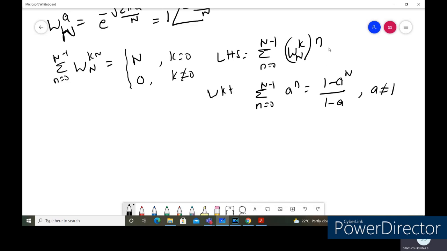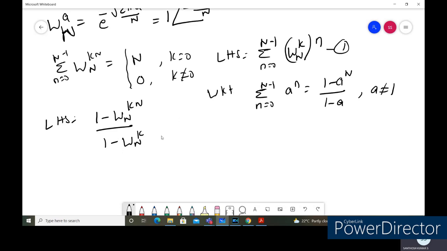I'm going to call this equation number 1. Let us evaluate the LHS part by applying this formula. The LHS becomes 1 minus omega N to the power of k into capital N, divided by 1 minus omega N to the power of k.